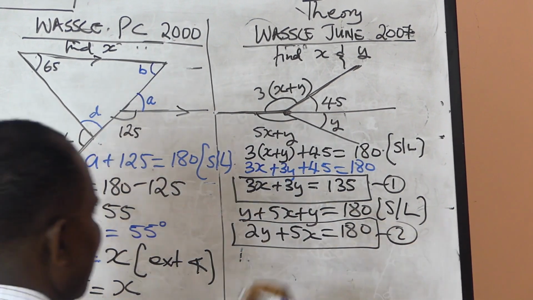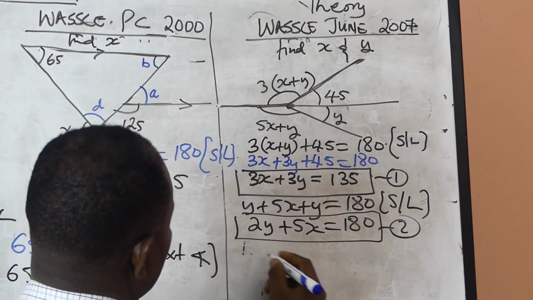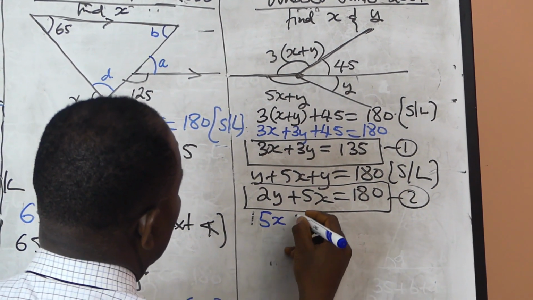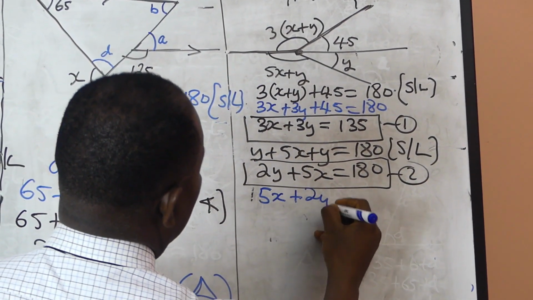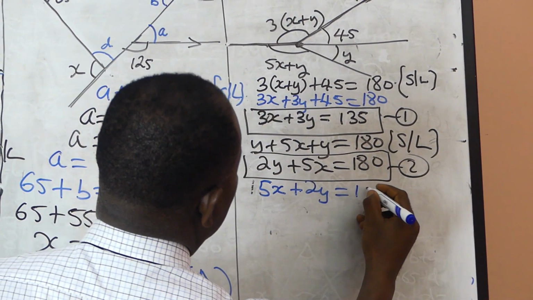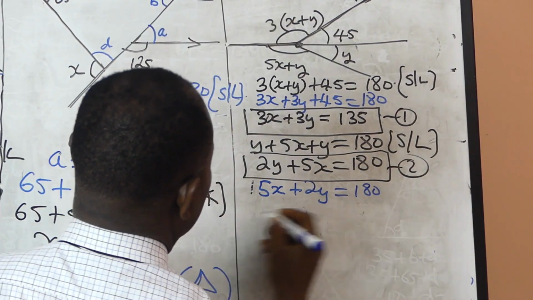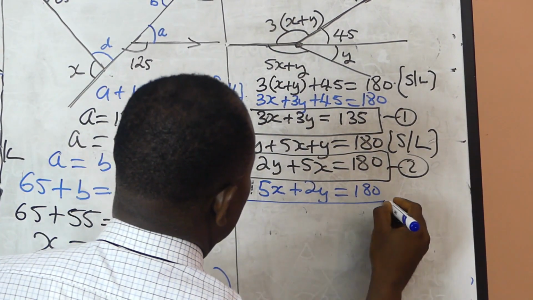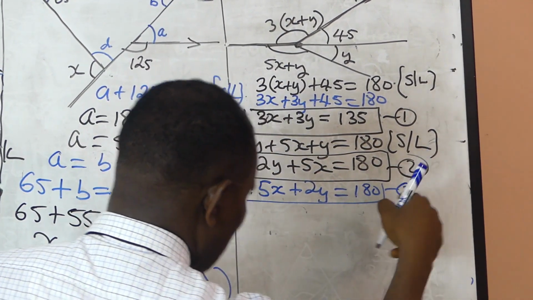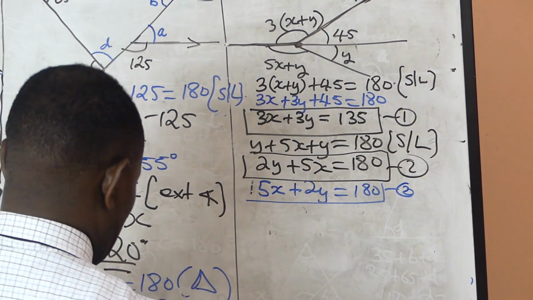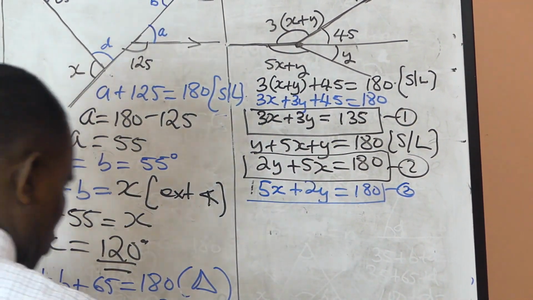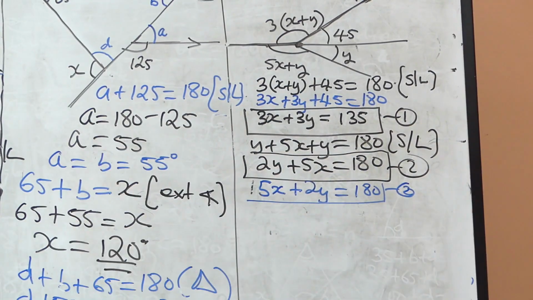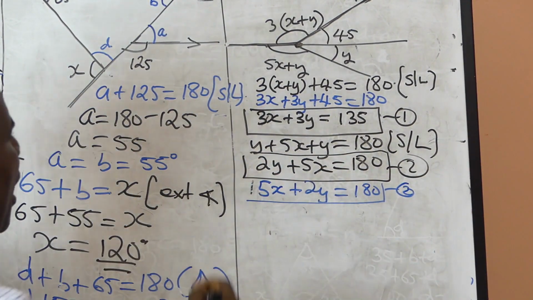So we can rearrange this equation. I can put it nicely. Let's say 5x plus 2y is equal to 180 in this case. This is going to be equation 2 now. So I'm solving the two equations now, 1 and 2, together.